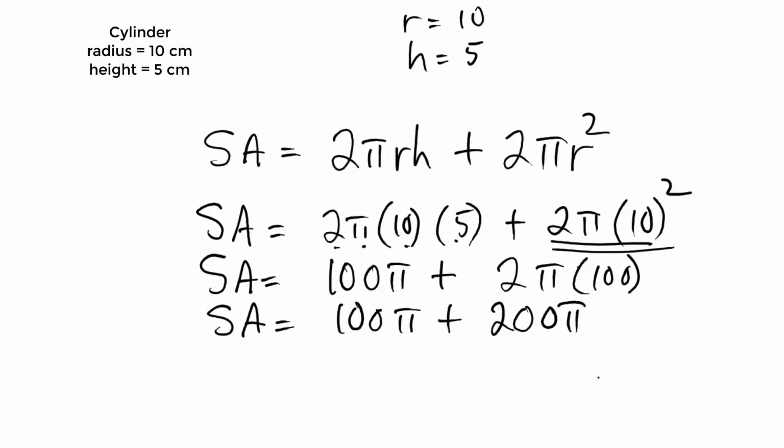And 100 pi plus 200 pi, just like when you're adding 100x plus 200x, that would be 300x. This would be 300 times pi. And that would be my answer, centimeters squared in terms of pi. That would be what we call our exact answer, 300 times pi.